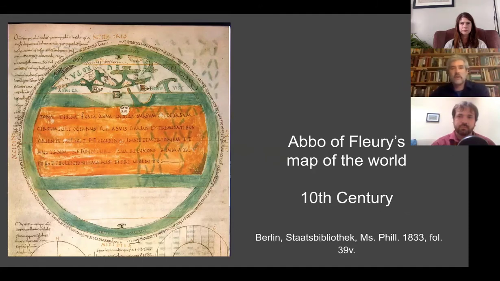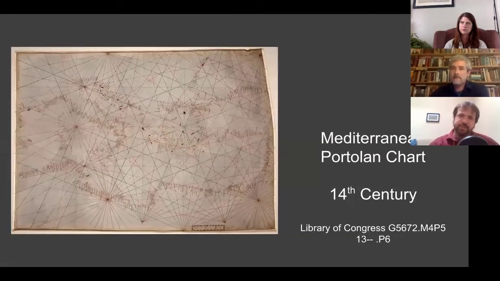You can see the Mediterranean and North Africa and Europe and Asia. So these are, again, a different kind of representation of the world that's happening alongside the Mappa Mundi in medieval traditions. And we've got another whole separate genre of mapping that's also coexisting with both of these two others.